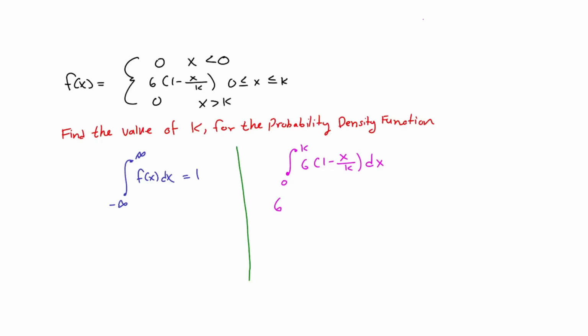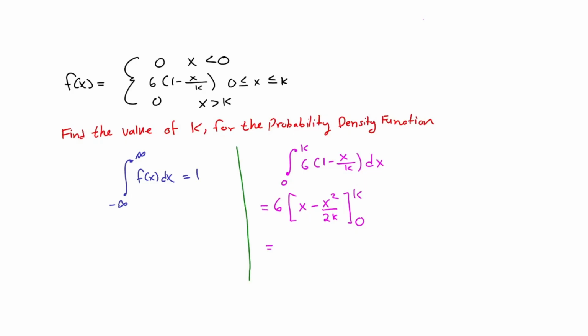So we're going to get 6, and when we integrate it, our 1 is going to become x by rules of integration, and then by the power rule of integration, we're going to get minus x squared divided by 2, multiplied by the existing 1 over k, right? And then we're going to be integrating it with respect to our bounds, 0 to k.